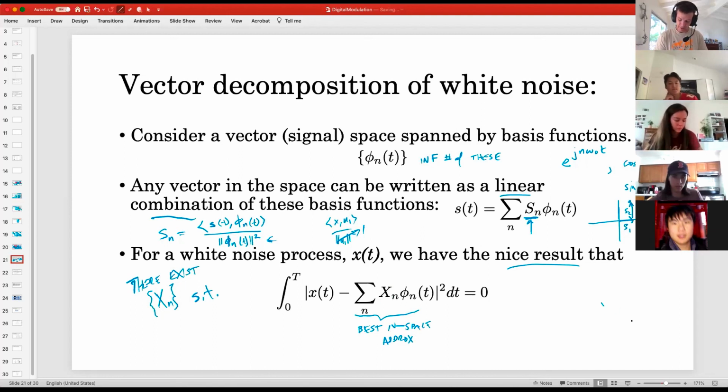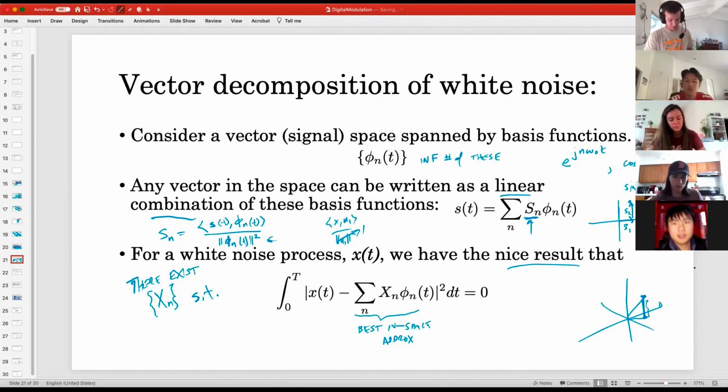Right? This is the closest we can get. I don't know if this is going to help or hurt, but we'll give it a shot. If I'm restricted to the space and I say I want to get to that vector, then the best I can do is get to maybe here. And then this is the error that we have. And what I'm saying in this claim is that this error has magnitude 0.